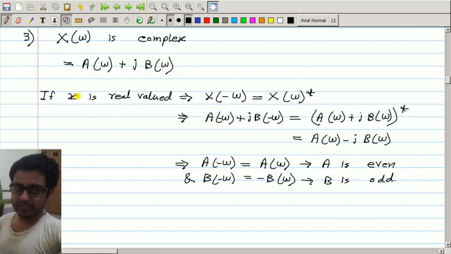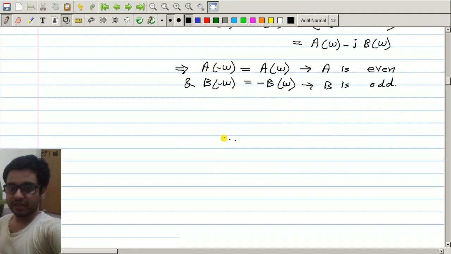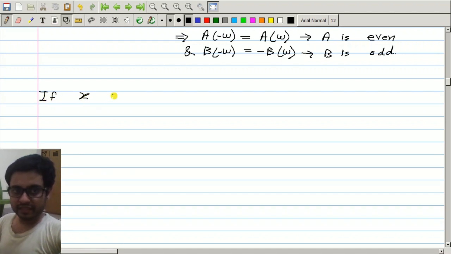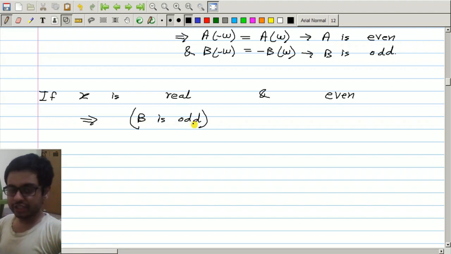That means if the signal is real valued, then A, that is the real part of the Fourier transform, will be even, and B, that is the imaginary part of the Fourier transform, will be odd. Now, suppose x is both real and even. Now, x real implies B is odd, that is the imaginary part of the Fourier transform. B is odd because x is real. And since x is even, capital X should also be even by virtue of property number 2.